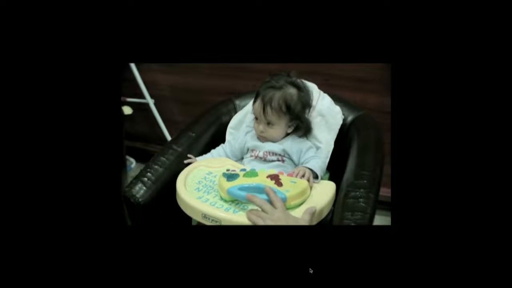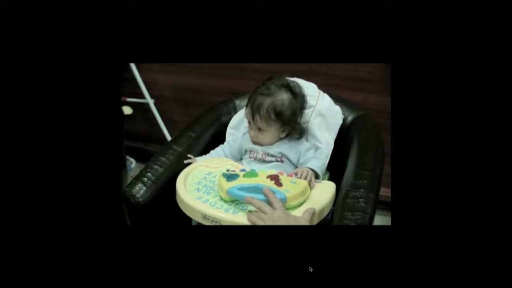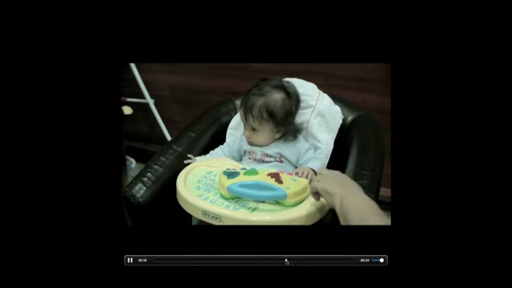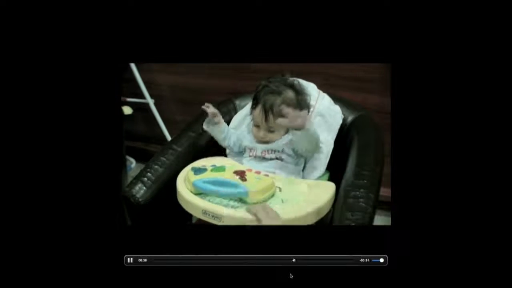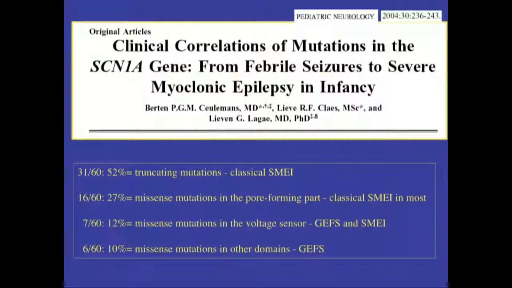Again. And then a full-blown seizure, which is a major neurological manifestation with convulsive clonic movements.